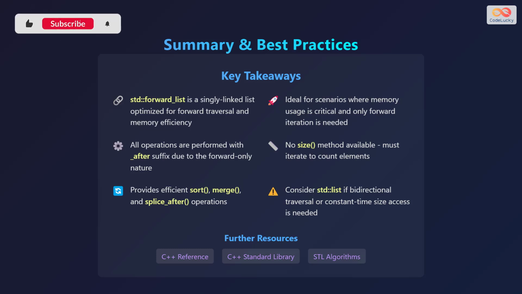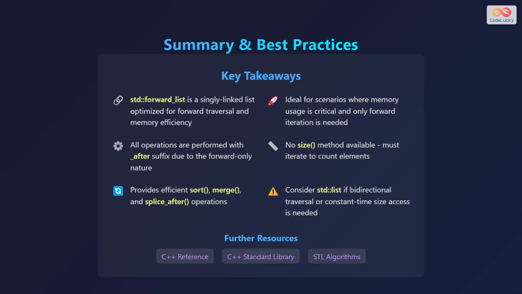In summary, std::forward_list is a singly linked list optimized for forward traversal and memory efficiency. It's ideal for scenarios where memory usage is critical and only forward iteration is needed. All operations are performed with the _after suffix due to the forward-only nature of the list. There is no size method available, so you must iterate to count elements.